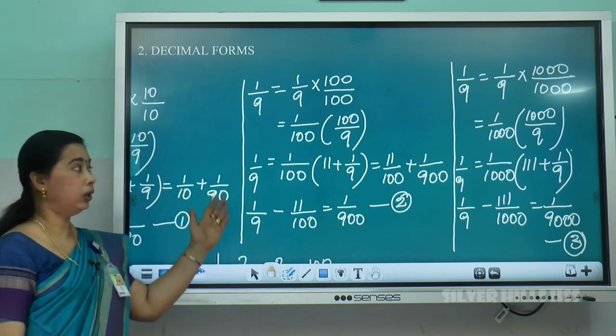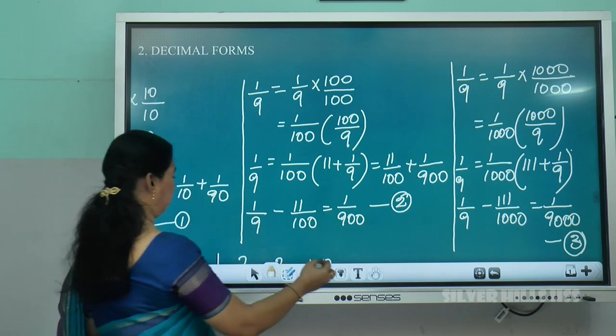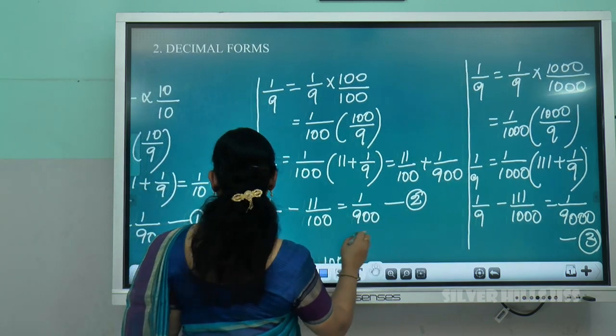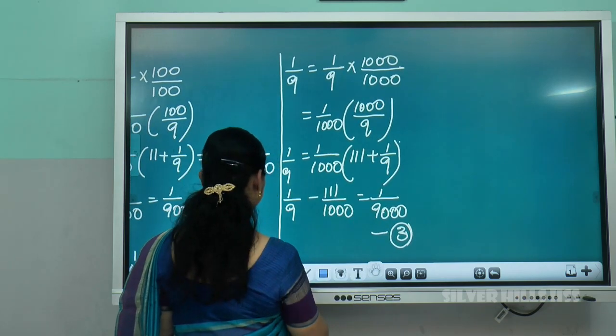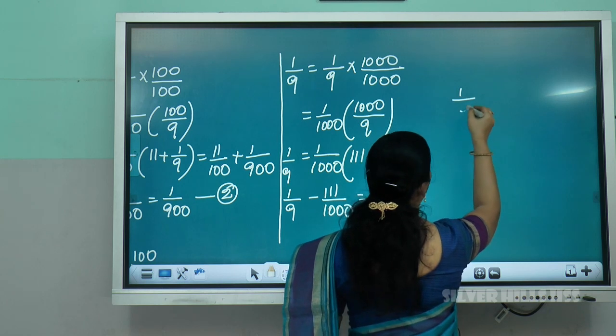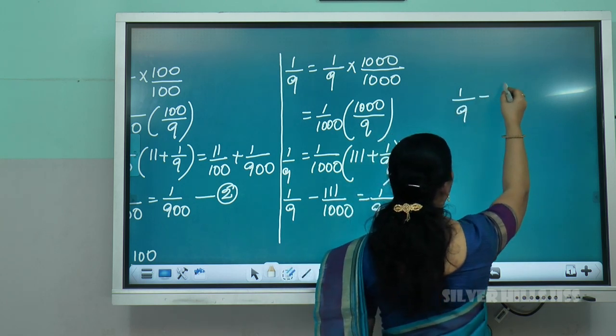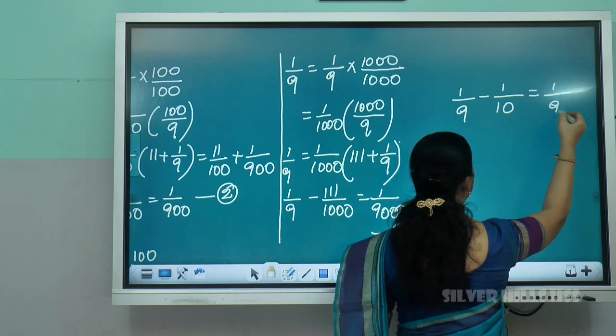We will write all the 3 equations together, see what happens. I am writing the first equation, second equation and the third equation together. First equation which I got is 1 by 9 minus 1 by 10 is equal to 1 by 90.